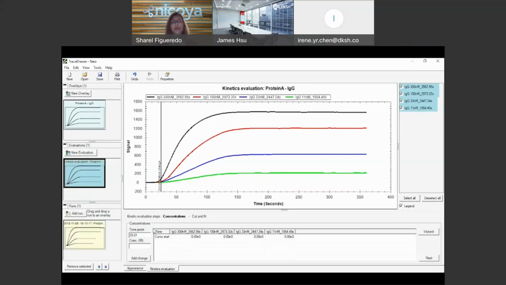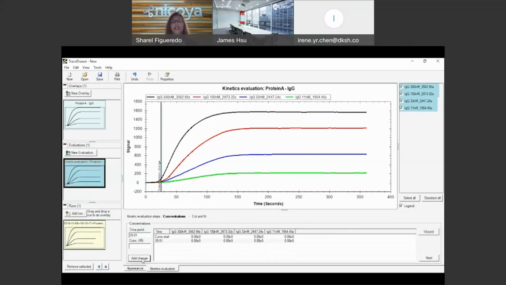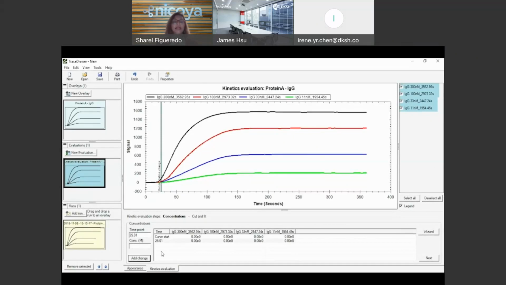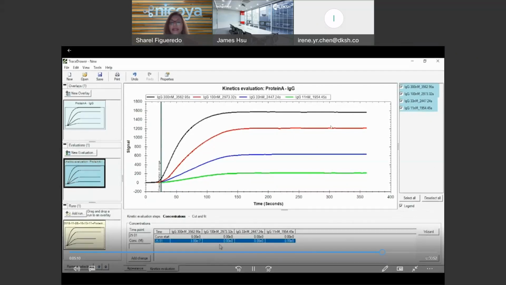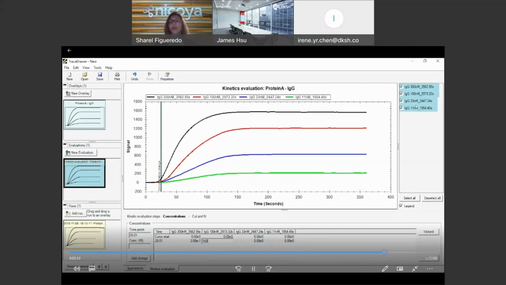For post-processing, we first want to ensure that we are selecting the right time points, the right concentrations. And so we are adding the values of concentration based on what we had prepared. And that's what's being entered right now.